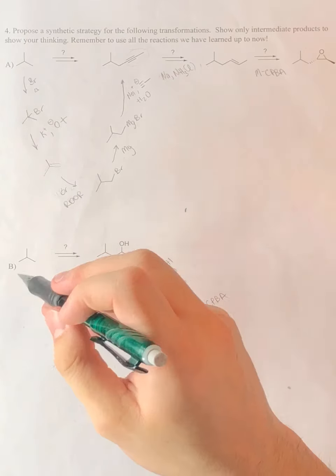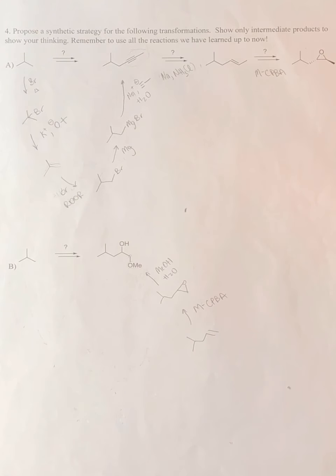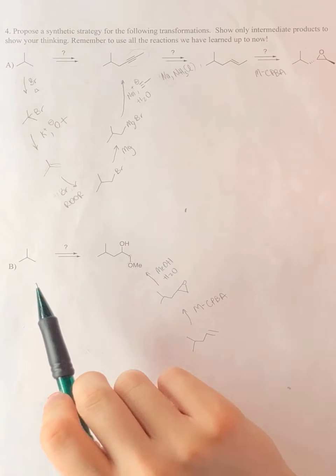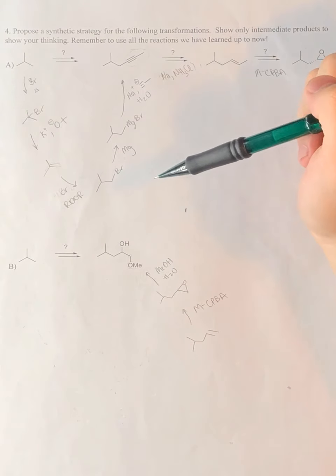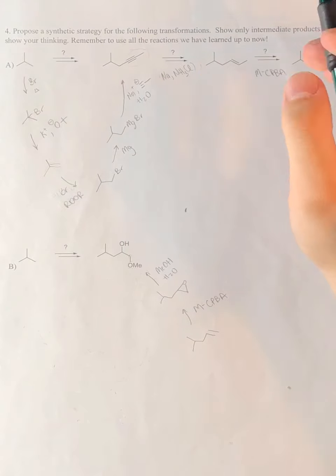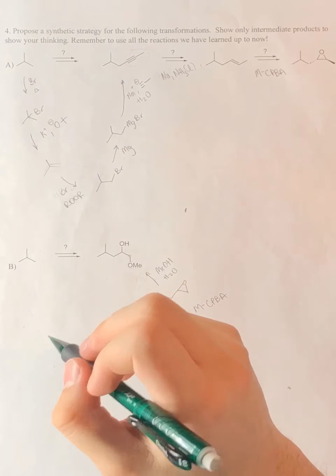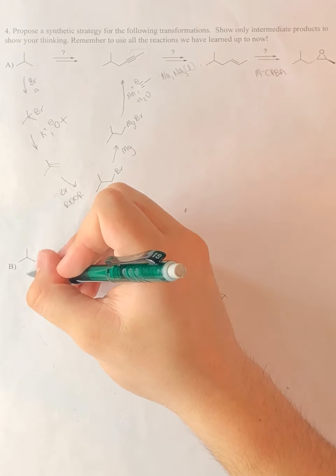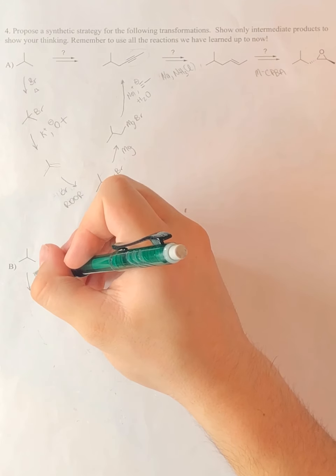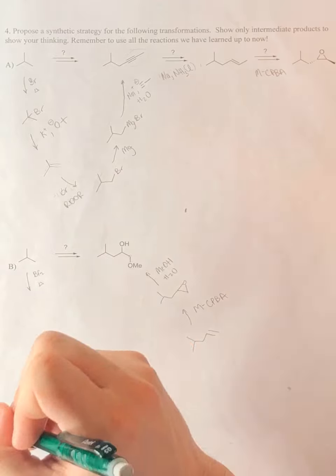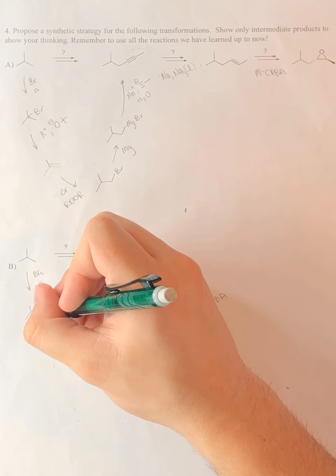Now we can go back to the starting reagent. So once again, as I said, we have the same starting reagent as before, so we can follow a similar pathway. So something that we're going to want to do first is add bromine once again. So if we were to add Br2 plus heat, we would get this intermediate.